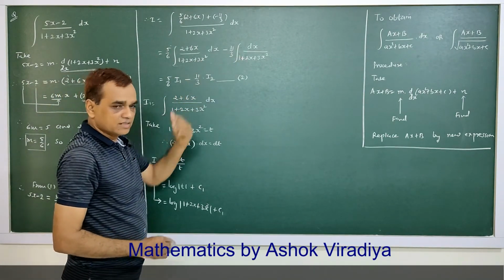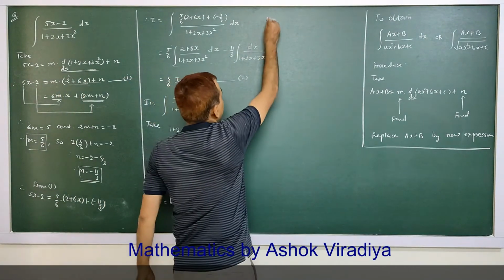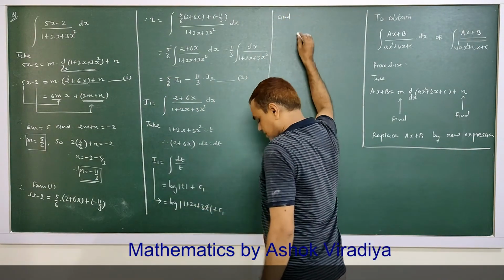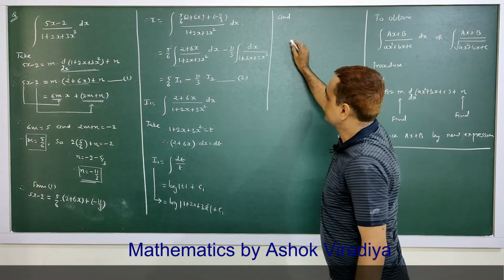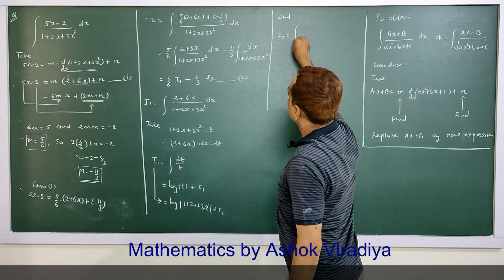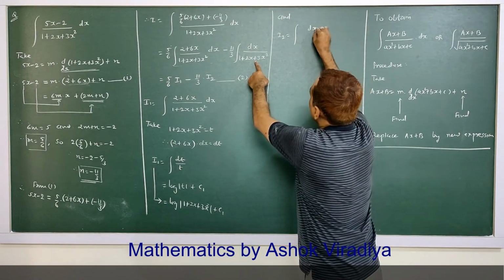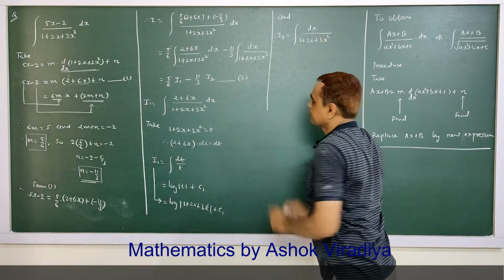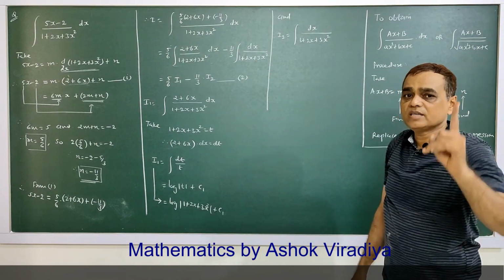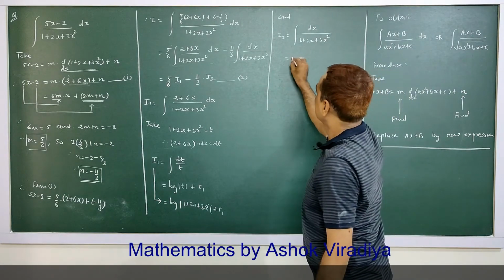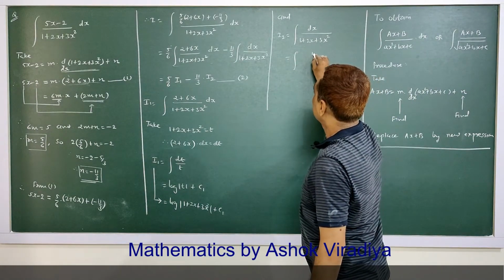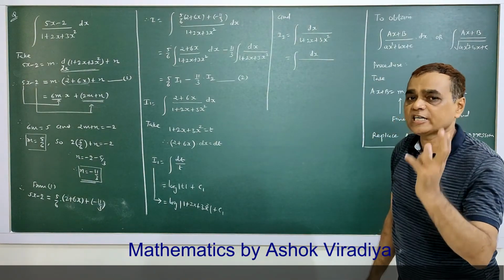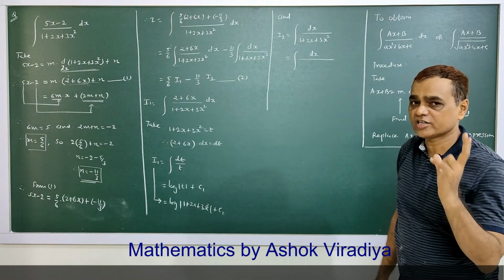Now this part, I2 is integral of dx upon 1 plus 2x plus 3x square. Now say here numerator is 1 dx. Denominator is a quadratic polynomial.